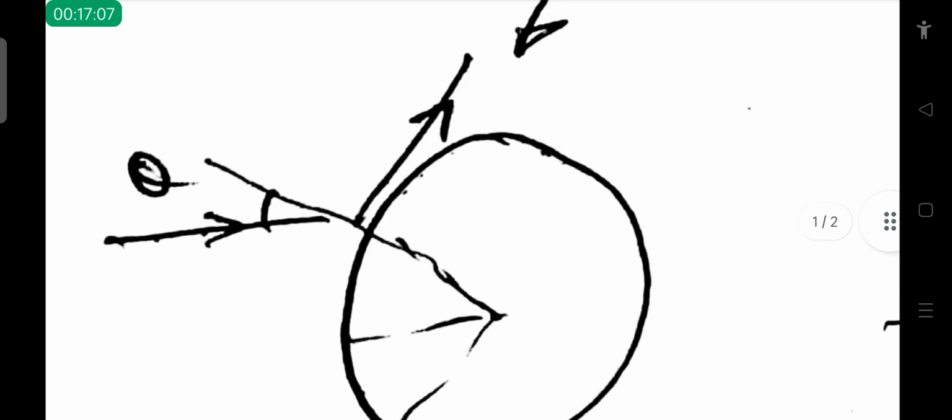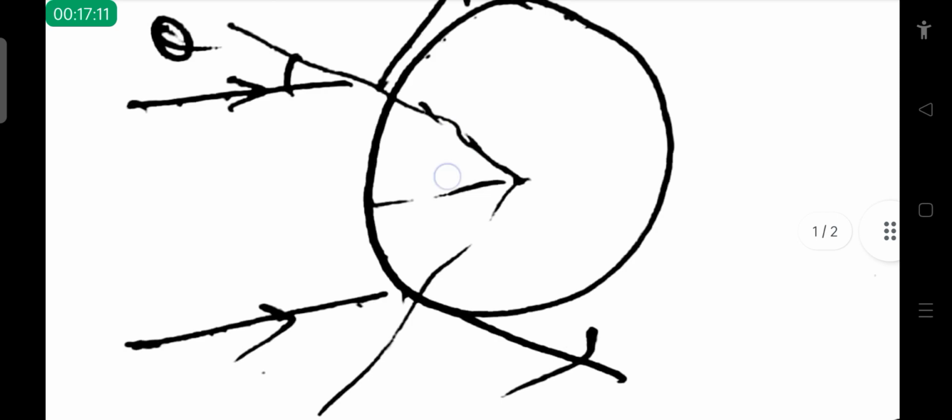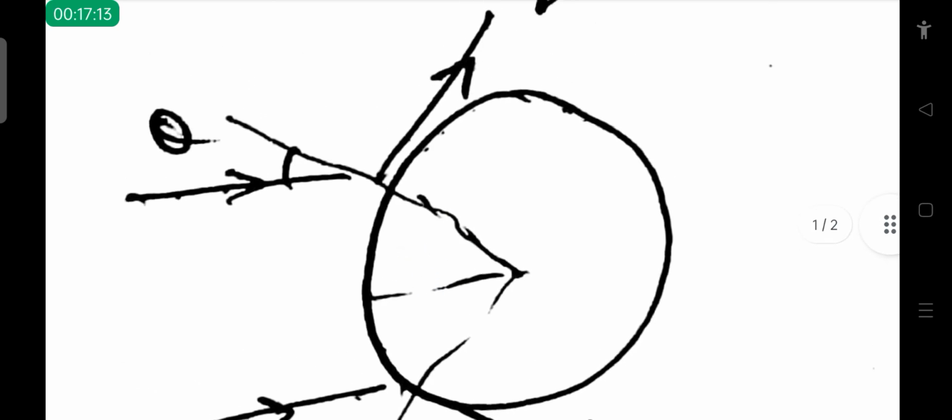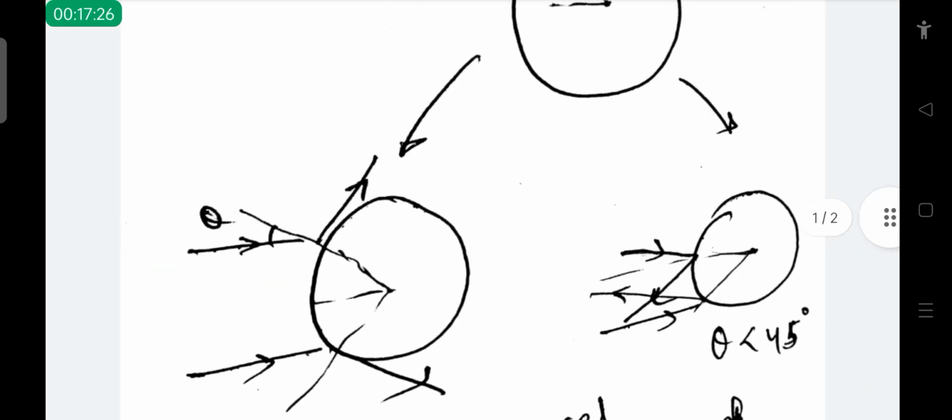And if it is incident at an angle greater than 45 degrees, it will deviate like this. At bigger angles, they will have a component in I cap only. So some light is deviating backwards, and some light is deviating forward.